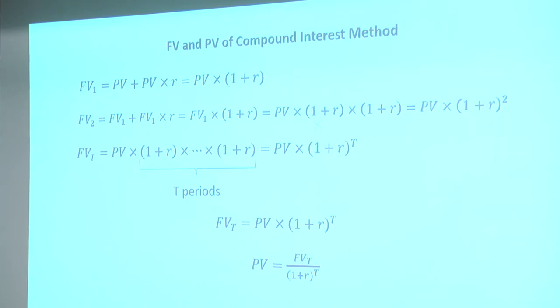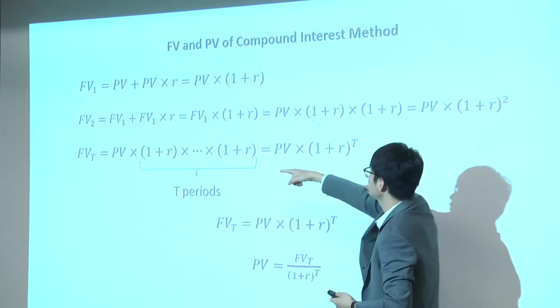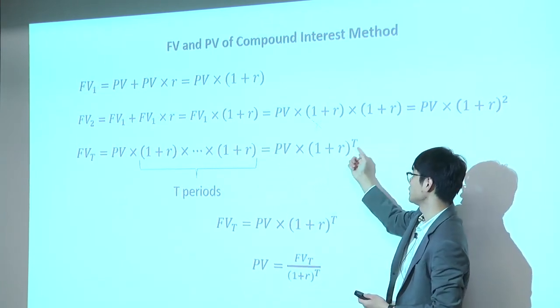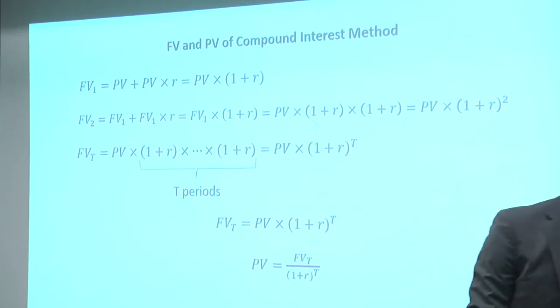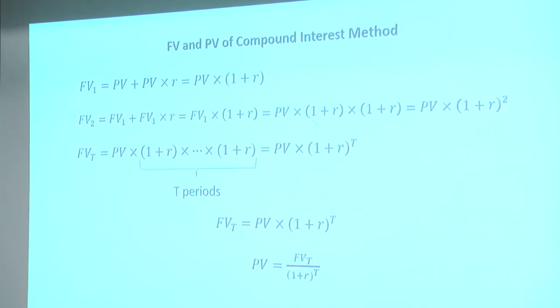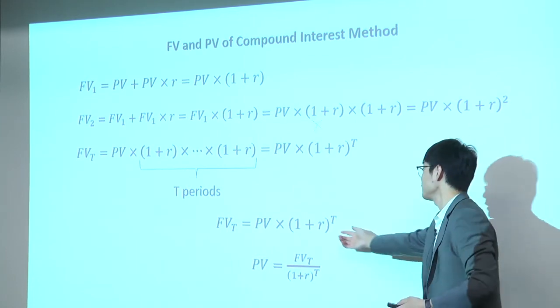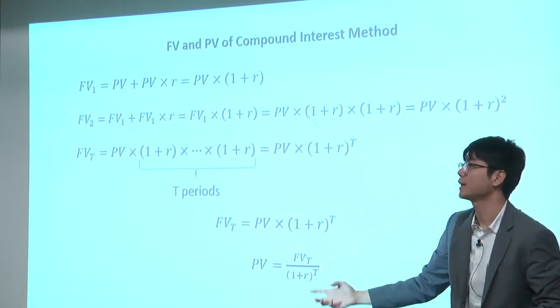Then, generally speaking, for t years of compounding, we have present value times 1 plus r to the tth power. So the future value by compounding from present value is present value times 1 plus interest rate raised to the tth power. The t stands for how many years or how many times compounded.